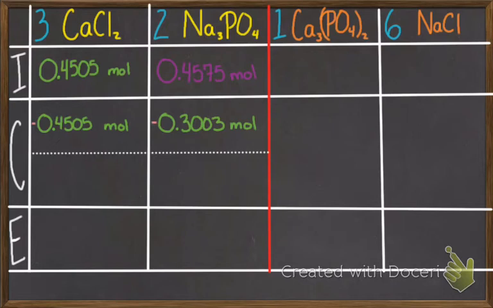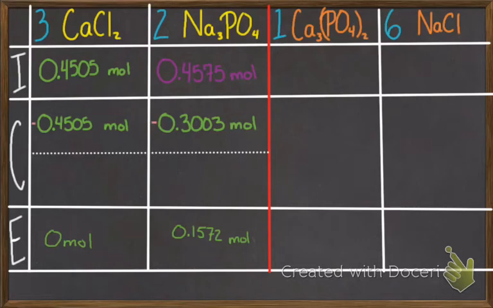If I subtract 0.4505 from itself, I get 0 moles here at the bottom. And if I do the exact same thing for the other column, I get 0.1572. So we've just evaluated calcium chloride.